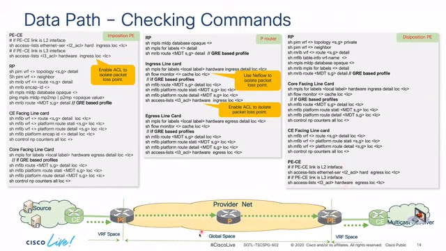Okay. And on the provider side, on the P router side, it depends on the profile. So if it is MLDP based, or label forwarding based, because it's a label packet, so an MPLS packet, we cannot use an ACL to match that. And then we can enable the flow monitor.